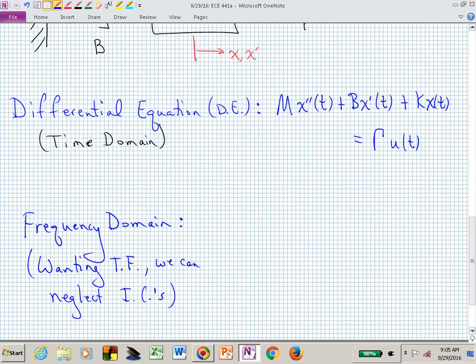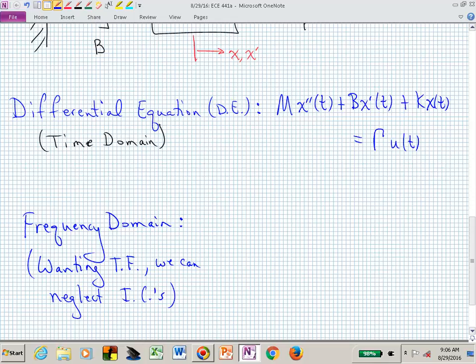Later on, when we start with the state space, we'll go ahead and include the initial conditions initially and then neglect them later, but that way you can see where they are or how they impact the particular representation in the frequency domain. Here, we're simply going to neglect the initial conditions because all we want is the transfer function.